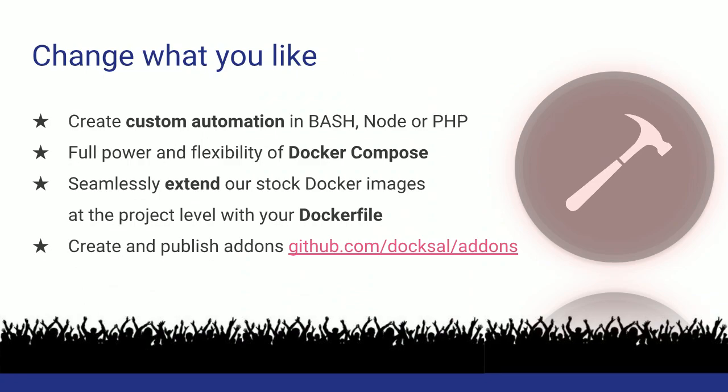And Docksal is also extremely flexible, so you can change lots of things. You can write custom commands, you can extend our stock images with a Docker file, and you don't even have to commit this custom Docker image into a repo. It will be built for you locally, it will exist there, and provisioning happens only one time.